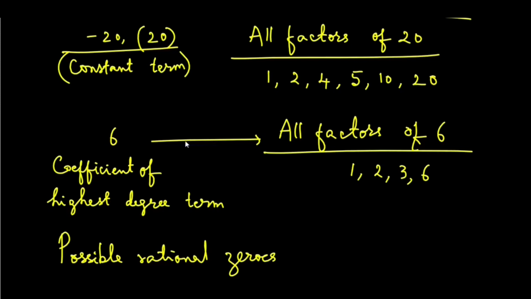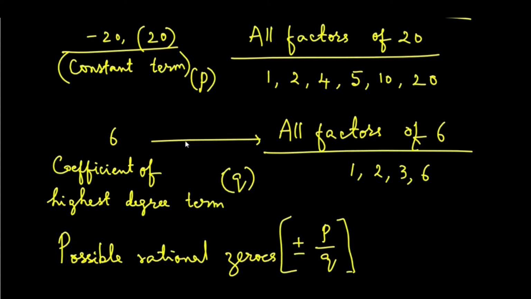One by one. Here, if this is P, if this is Q, we have to take P by Q. We can take plus or minus. These values are the possible rational zeros.